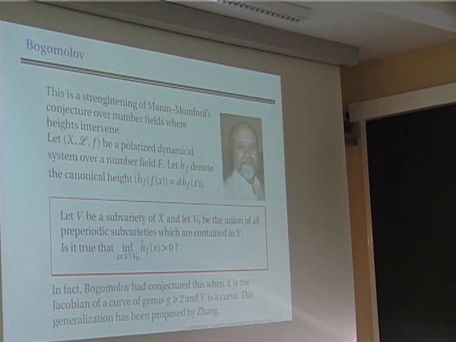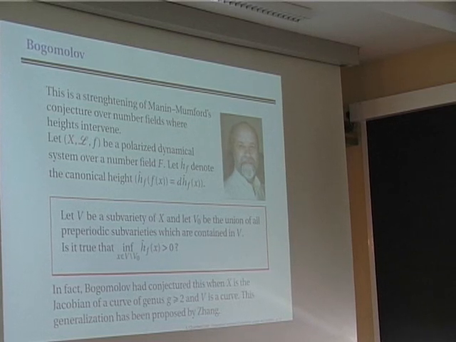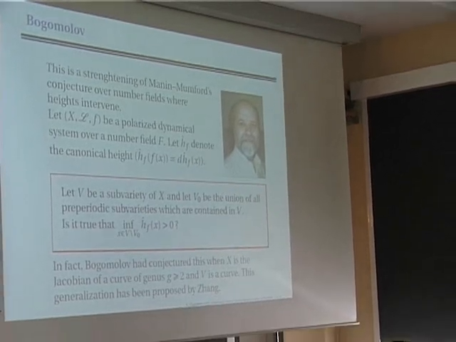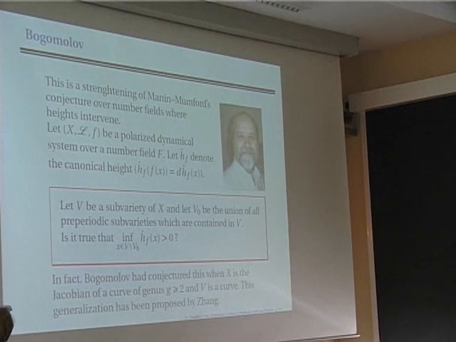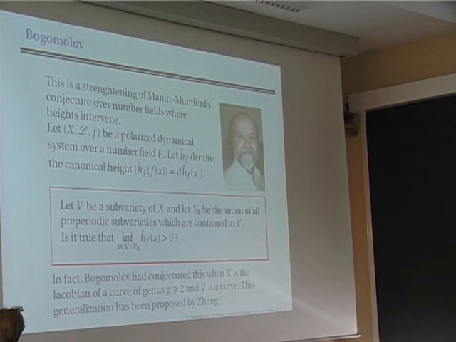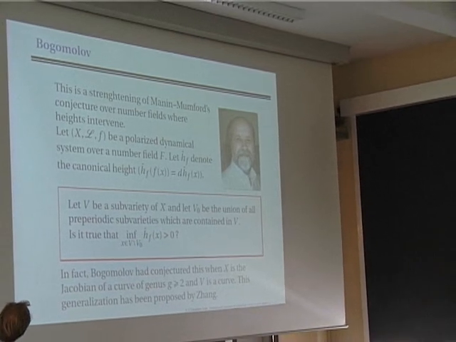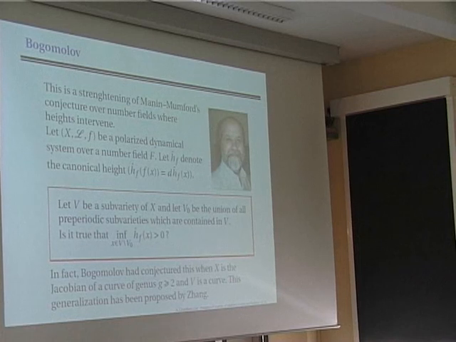So there is a strengthening of Manin-Mumford's conjecture where height functions intervene, and the name is Bogomolov. I still consider a polarized dynamical system over a number field F, and I consider the canonical height, h hat.